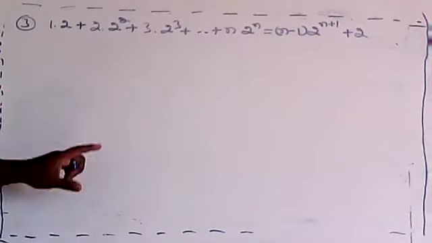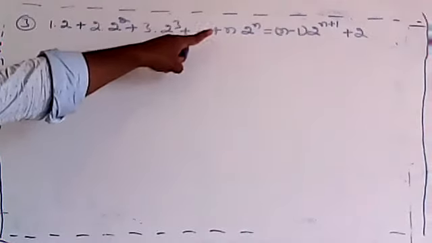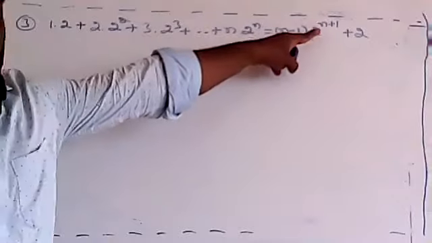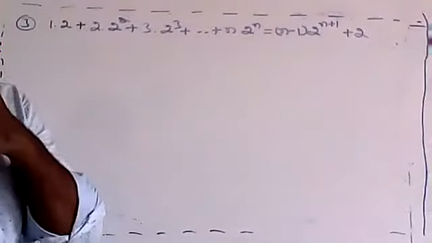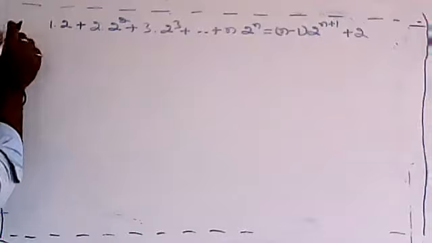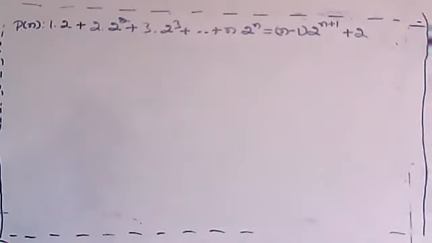Okay, this is the next problem. So can you tell me, we'll take this as what? P of n. Correct or not? We'll take this one as P of n.